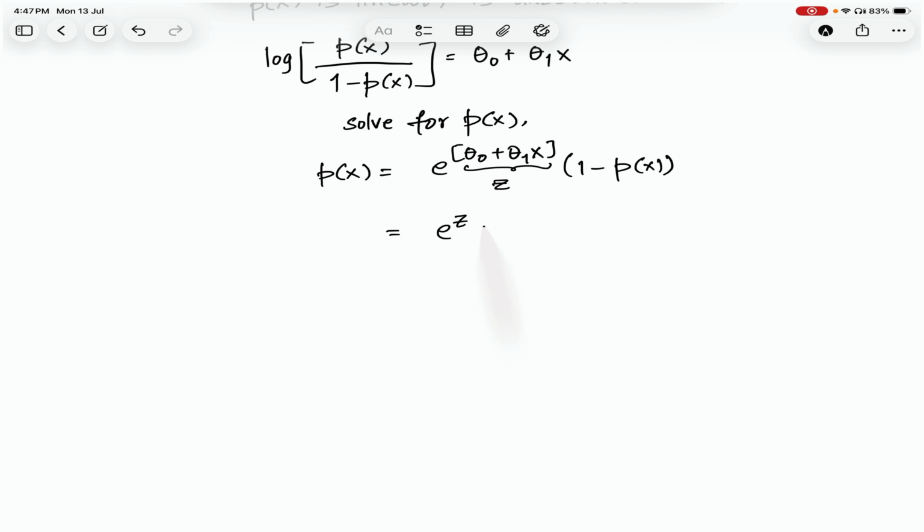M is your population size or sample size. You have p of xi to the power yi times 1 minus p of xi whole power 1 minus yi.